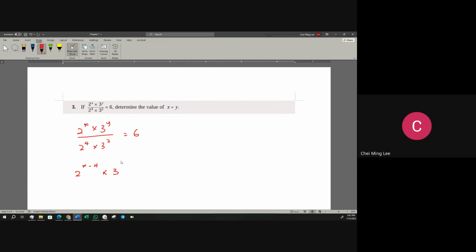Times 3 power of y minus 2. How to get 6? 2 times 3. Okay, so from here, x minus 4 equals to 1. x equals to 1 plus 4 equals to 5. Then y minus 2 equals to 1. y equals to 1 plus 2 equals to 3.